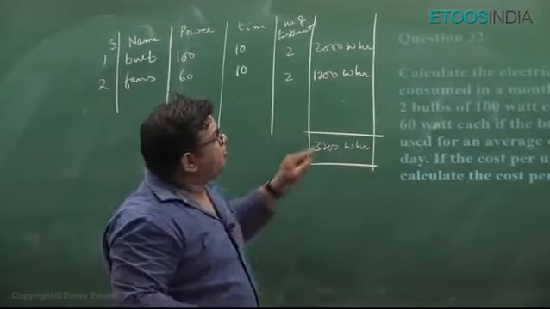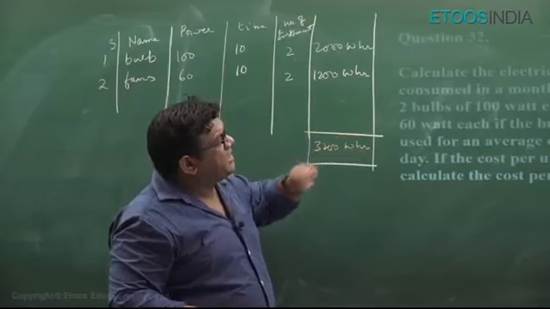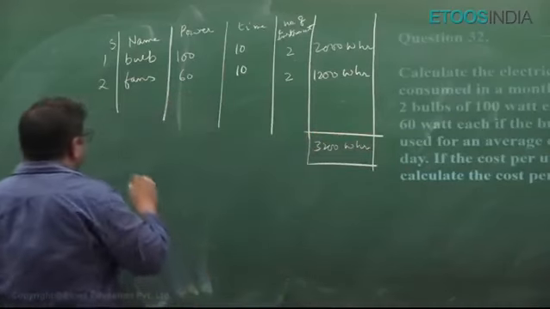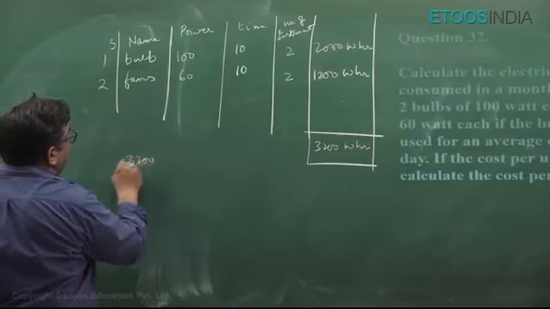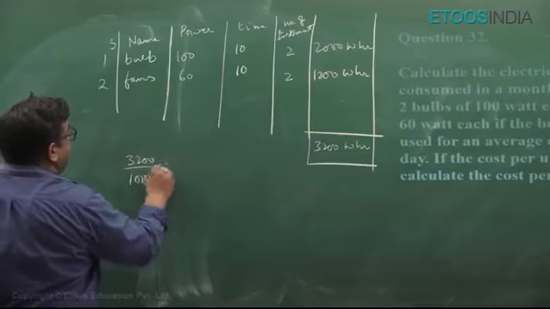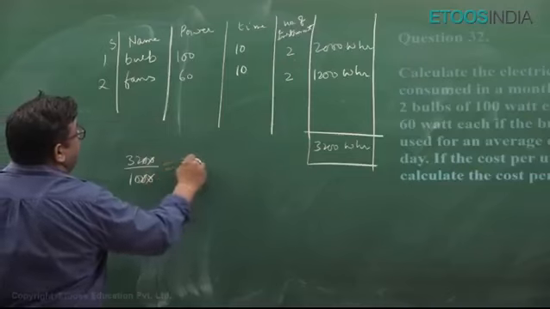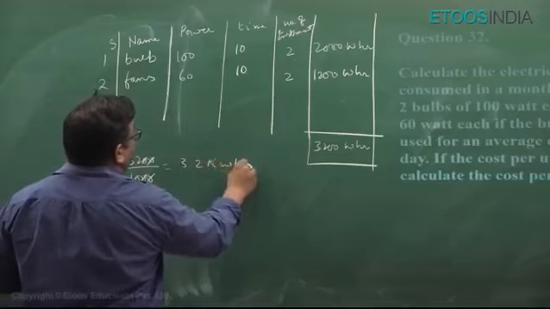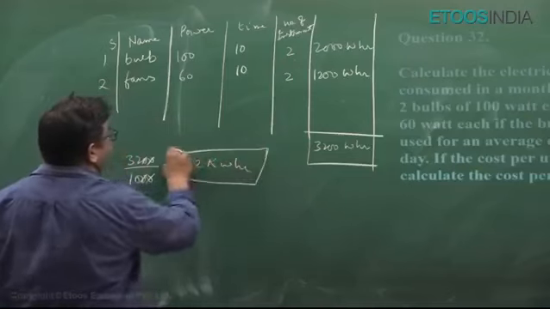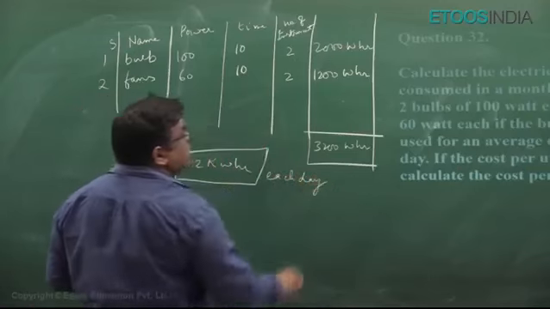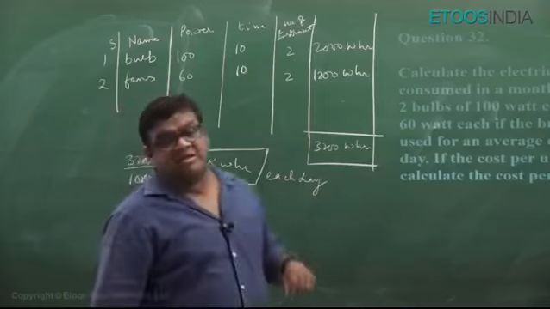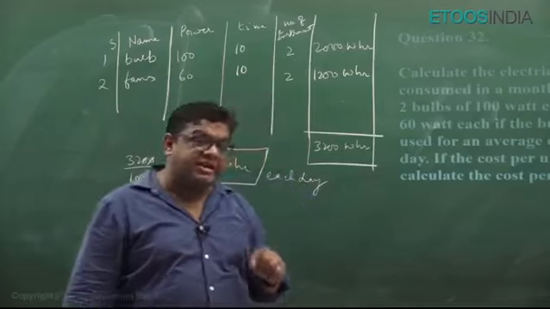Okay. Now, what we need to find out is electrical energy in kilowatt hour. So if it is given in watt hour, it will be 3200 divided by 1000, 3.2 kilowatt hour each day. We need to find out the bill per month. We know that in a month there are 30 days.